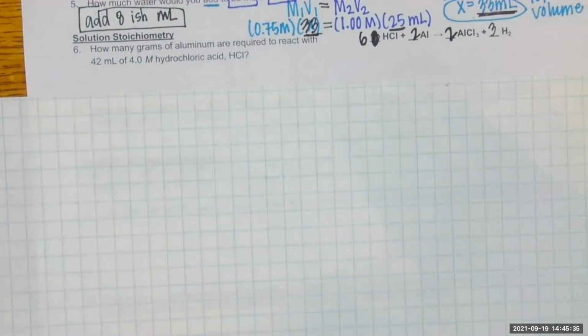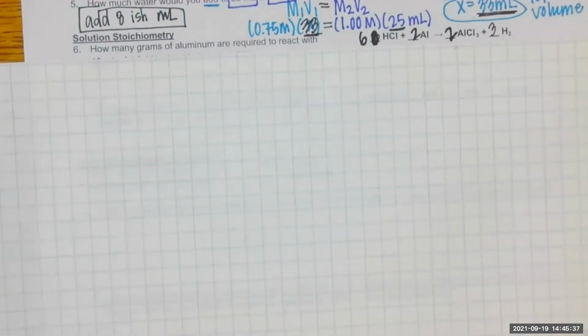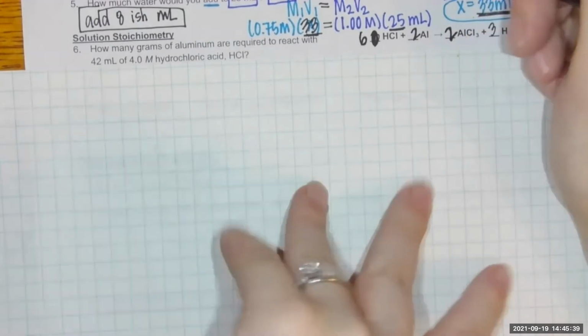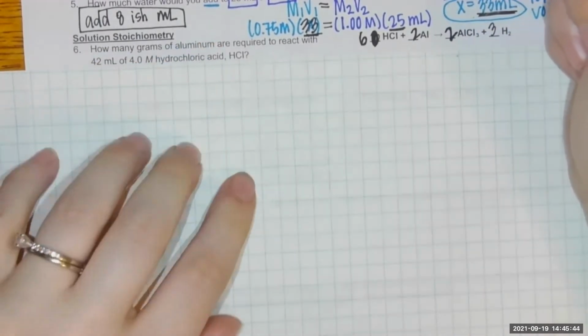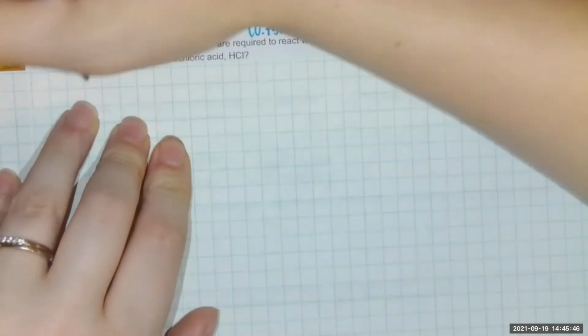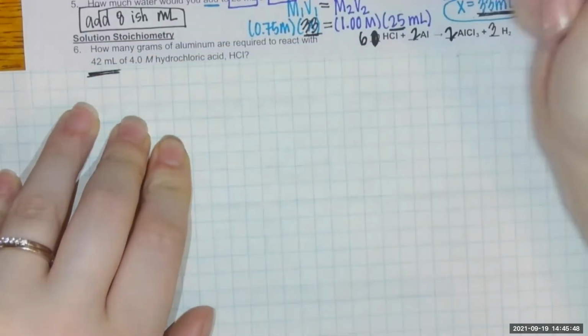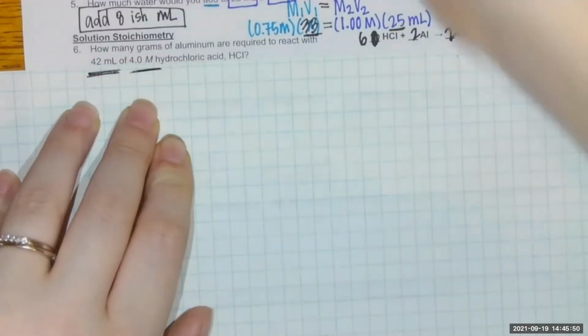And the molar mass is, let's get this paper up. How many grams of aluminum are required to react with 42 milliliters of 4 molar HCl?